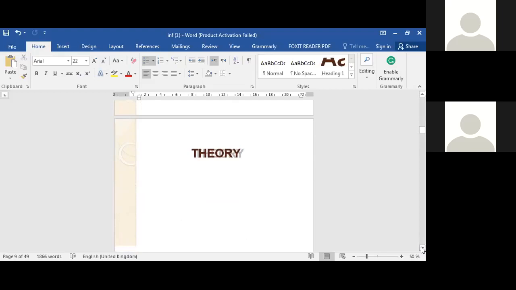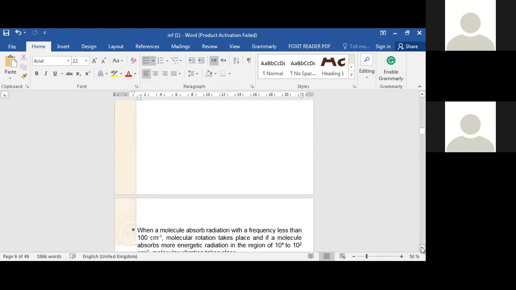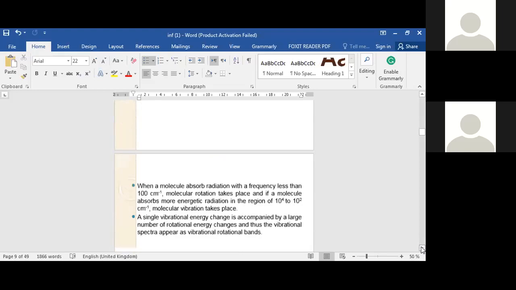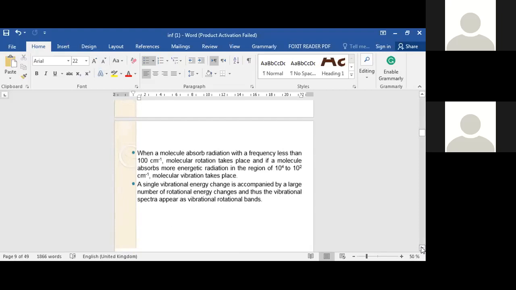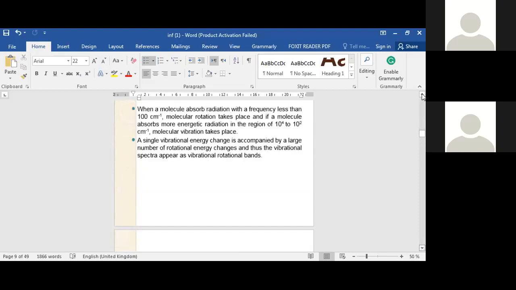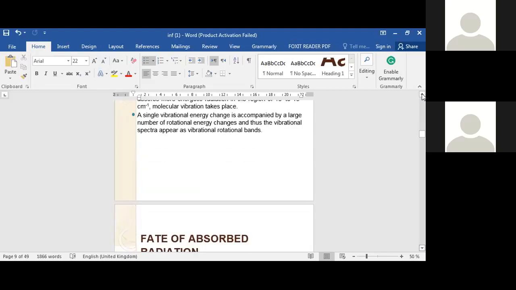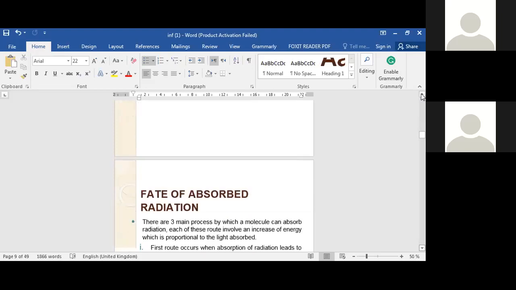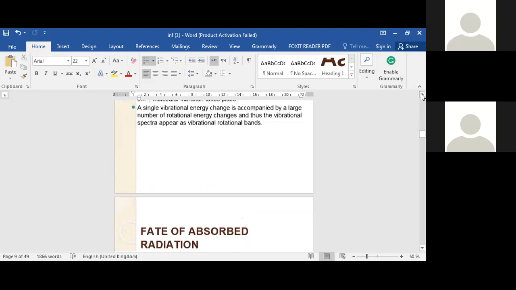The theoretical aspect regarding the IR spectroscopy. So what happens when the molecule absorbs a frequency less than its frequencies?